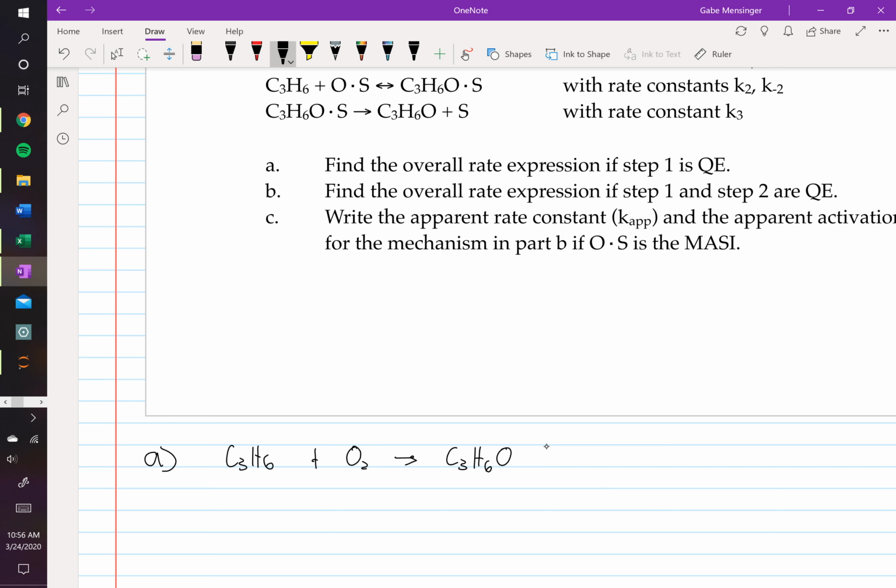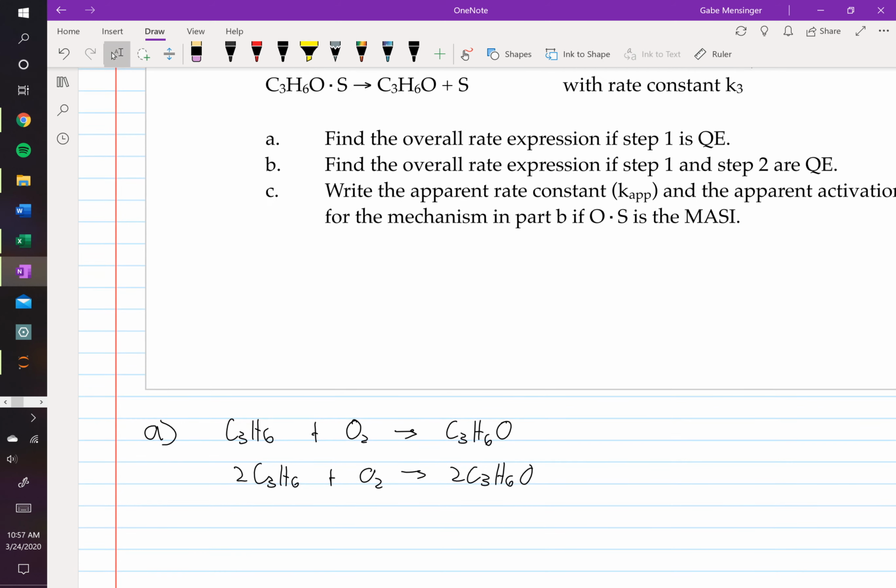Now we need to balance this, and when we balance it, we will have 2 C3H6 plus O2 goes to 2 acetone. That's the overall reaction, at least.